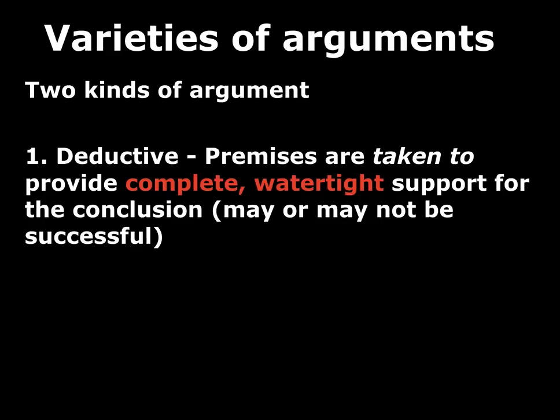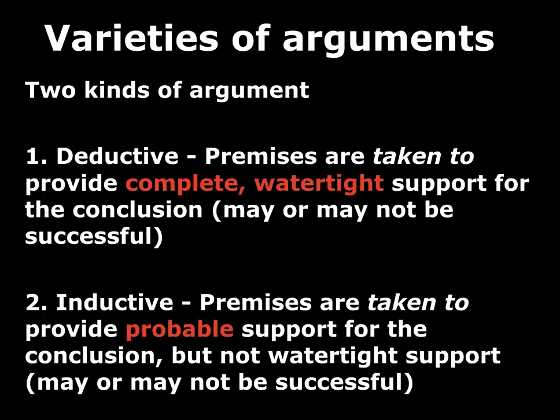It might be the case that the premises don't provide complete watertight support for the conclusion. An inductive argument is one where the premises are taken to provide probable support for the conclusion. And again, it might succeed or it might fail. The premises might actually provide probable support, or they might not.